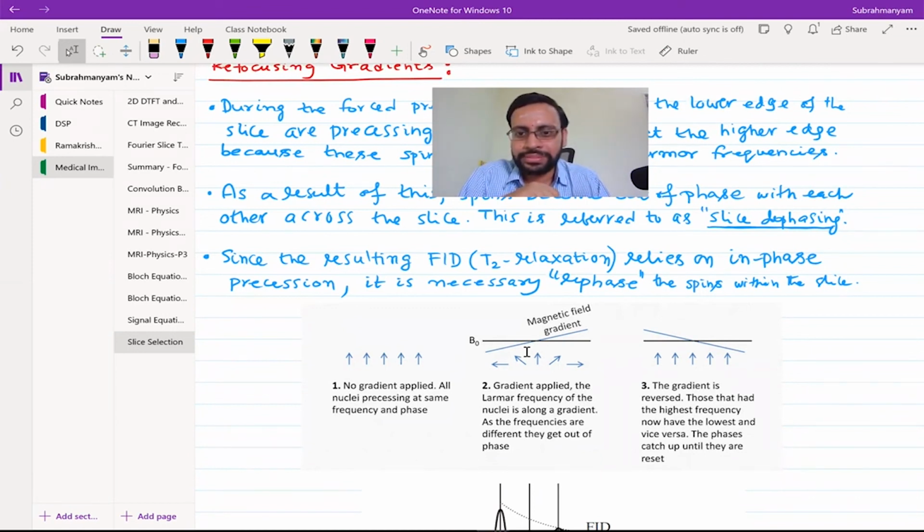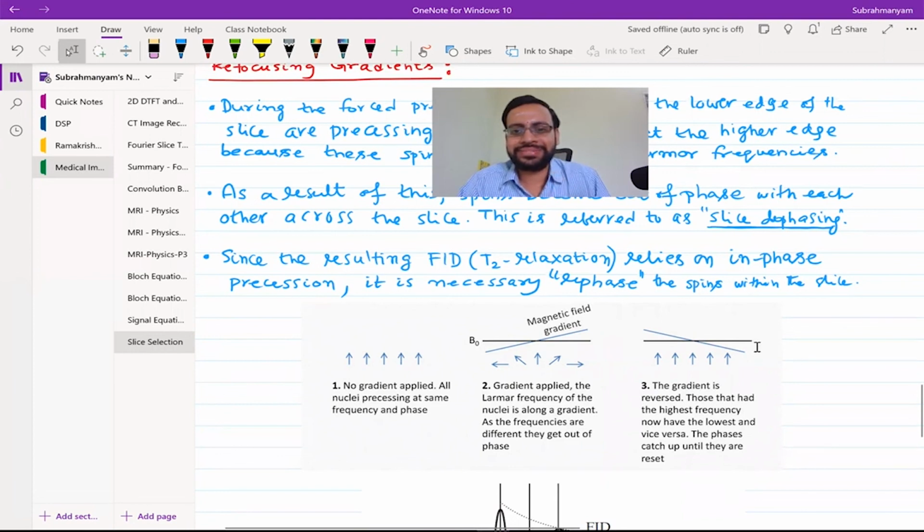So this refocusing gradient, it actually makes them all rotate at the same speed. See what you are doing now. As you are moving along your z axis, earlier the magnetic field is increasing, so the resonant frequency is increasing. Now, if you look at the refocusing gradient, exactly the opposite is happening here.